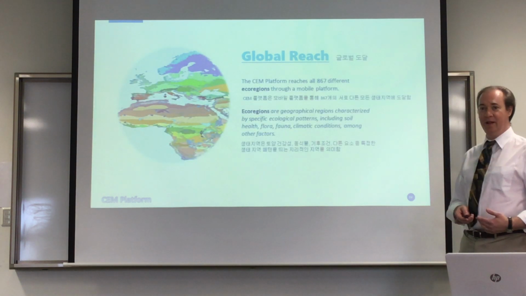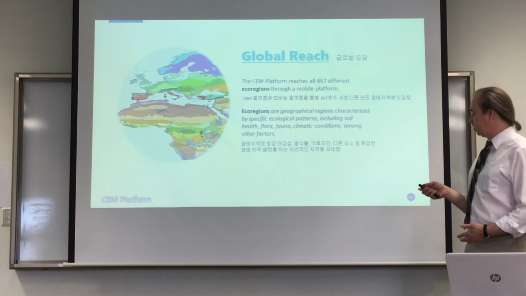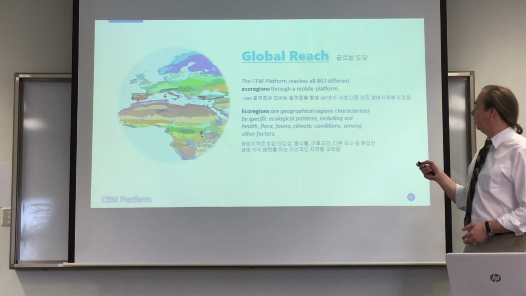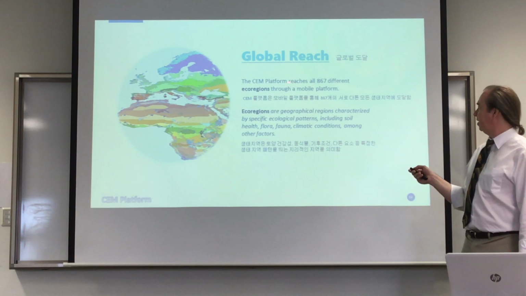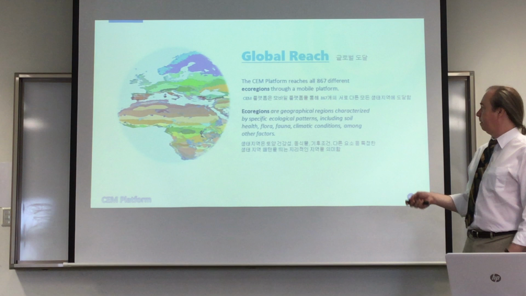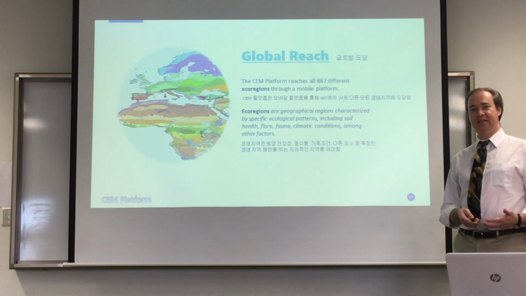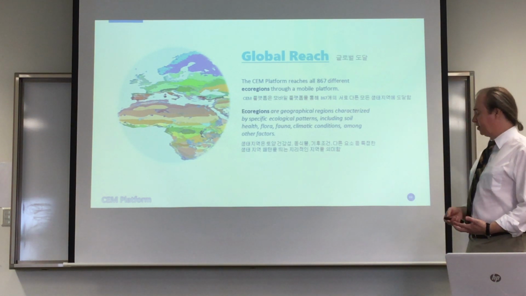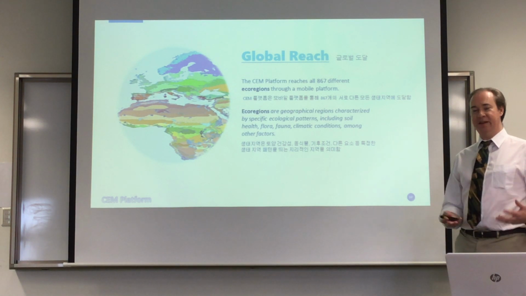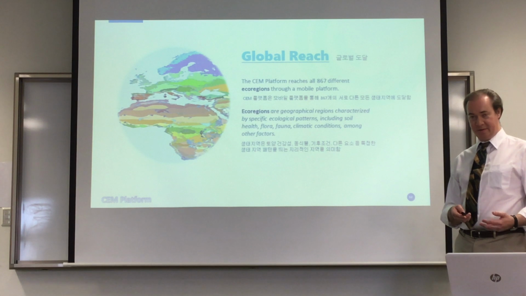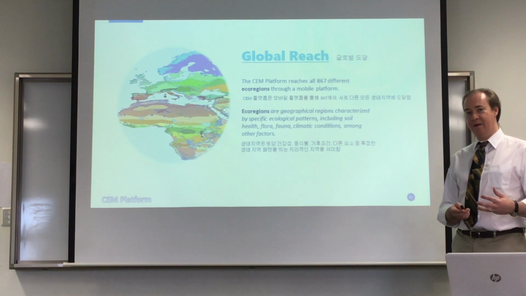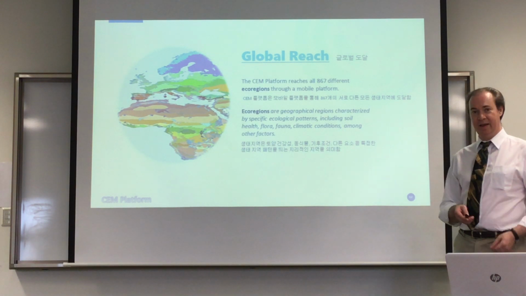The second level of this platform is the global reach, but it's also a multi-regional reach. And the metric is using ecoregions. As I said, there are about 867 different ecoregions around the world that have been mapped since the 1980s. And these have been digitized and put onto the platform as the way in which a circular economy debate is being facilitated for each of those over 800 different areas, and for a global level debate as well.